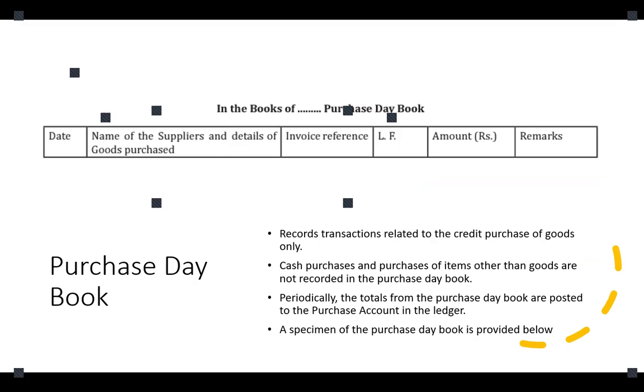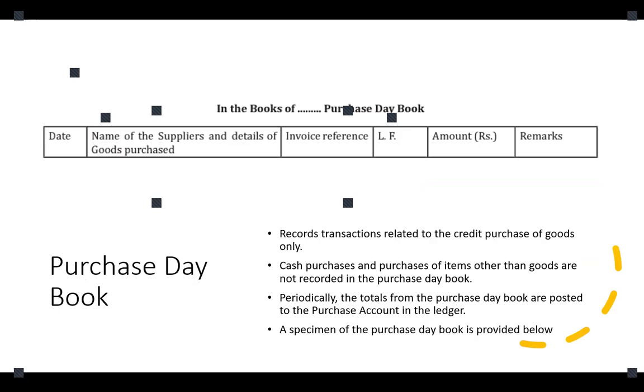Now, other types of subsidiary books. Let's start with the purchase day book, the other subsidiary book.